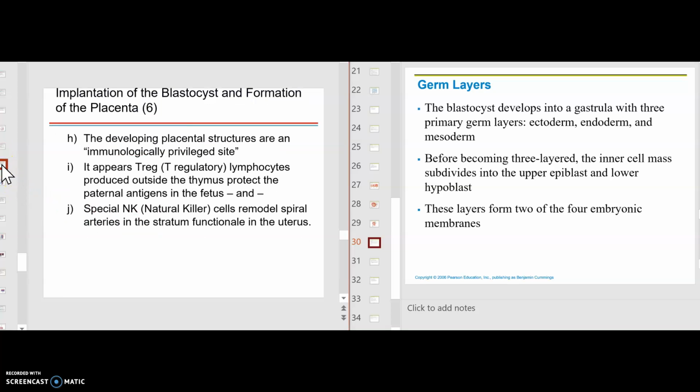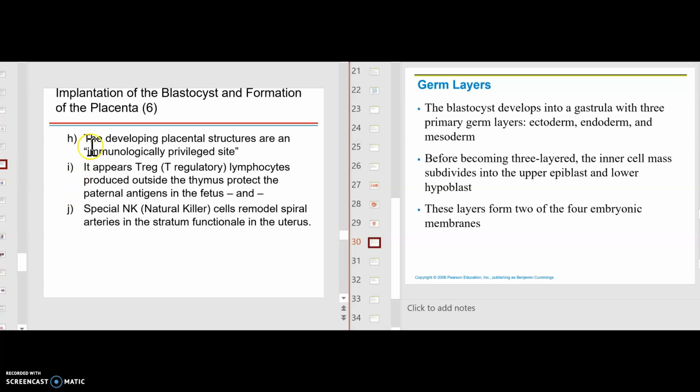Now let me just mention this. Since part of the placenta is developed from the conceptus, and part of the conceptus genetic material is the dad's genetic material, then essentially this is really somewhat foreign to the mother, because there's other genetic material.